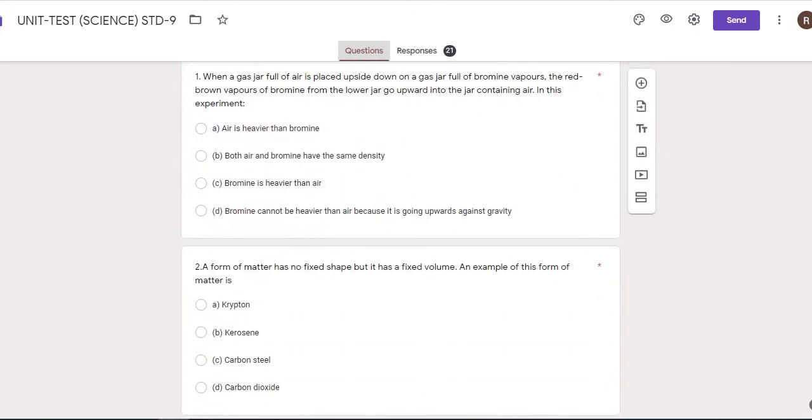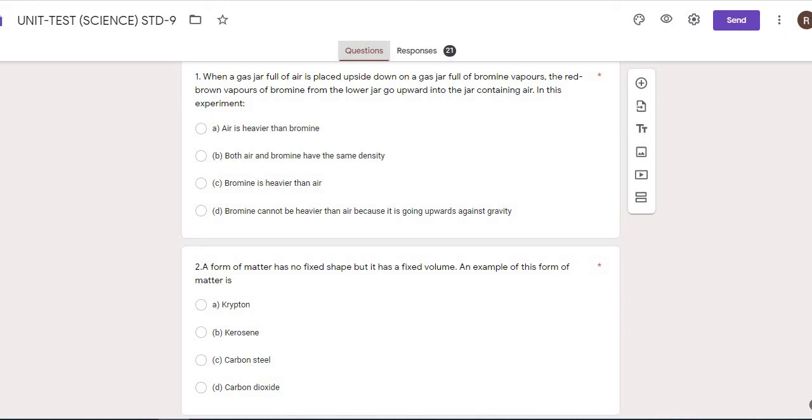The first question is, when a gas jar full of air is placed upside down on a gas jar full of bromine vapor, the red-brown vapor of bromine from the lower jar goes upwards into the jar containing air.